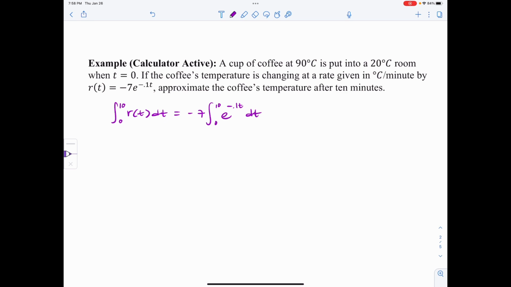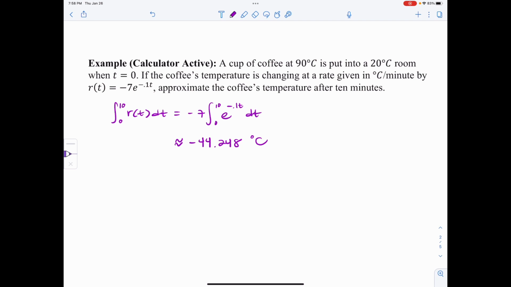So -7 times math, number 9 is fnInt, 0 to 10, and then e to the negative 0.1, and remember we have to type in x in our calculator as our independent variable. Okay, so the approximation that I get is -44.248, and that would be degrees Celsius.